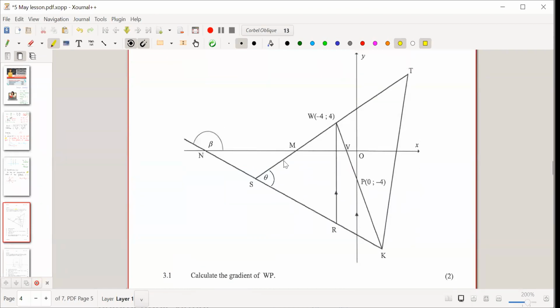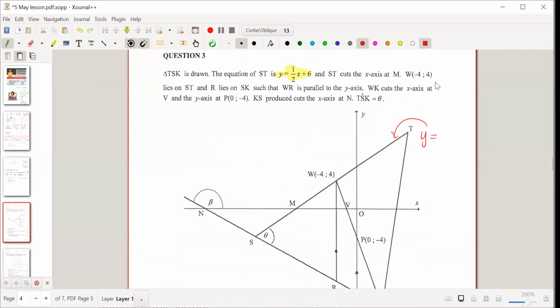So where is ST? ST is the following line. All right, so that's the line there. So let's quickly jot down that equation. So y equals half x plus 6. Wonderful. So that's what we have.